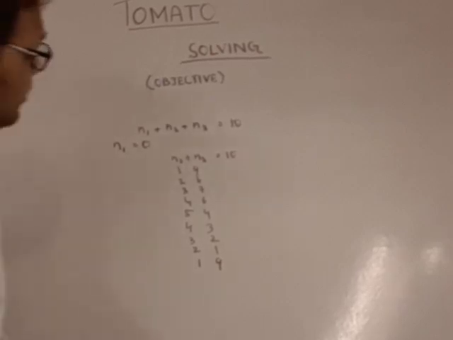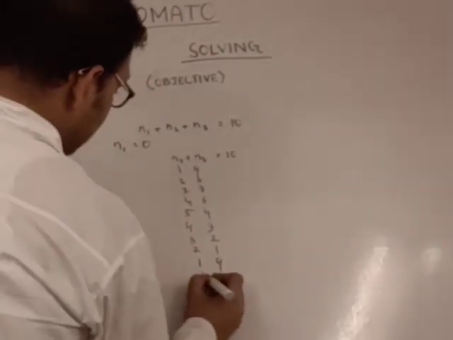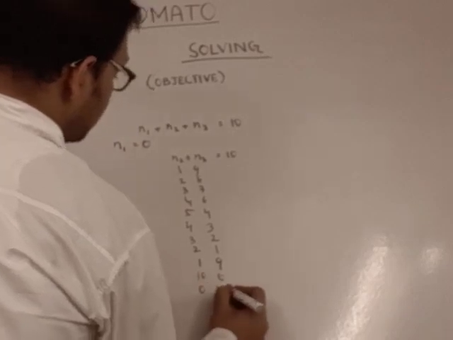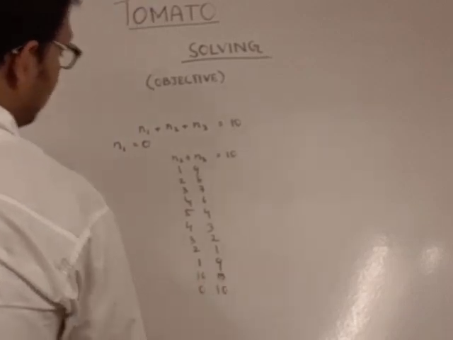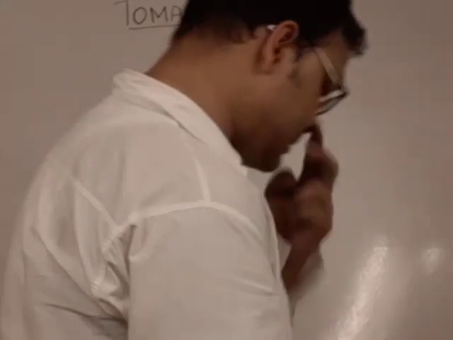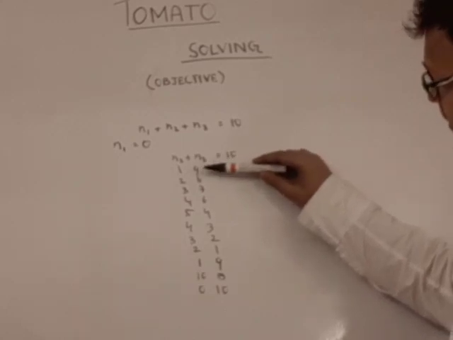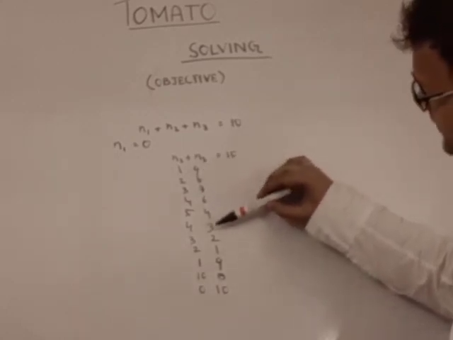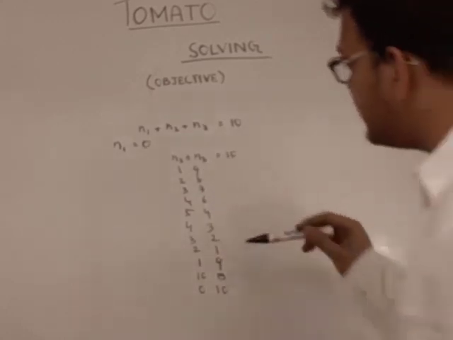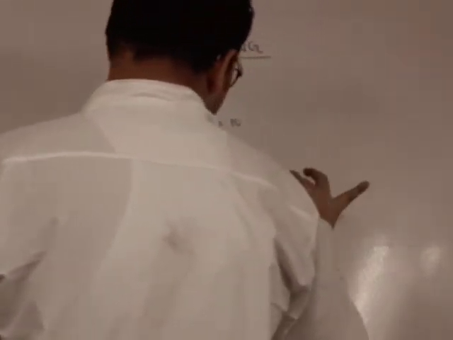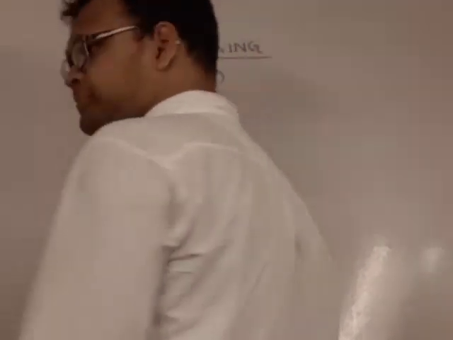Remember that 10, 0 and 0, 10 are also solutions, since they are non-negative integers, so these are admissible solutions. Counting them: 1, 2, 3, 4, 5, 6, 7, 8, 9, 10, 11. So if n1 equals 0, I get 11 solutions.